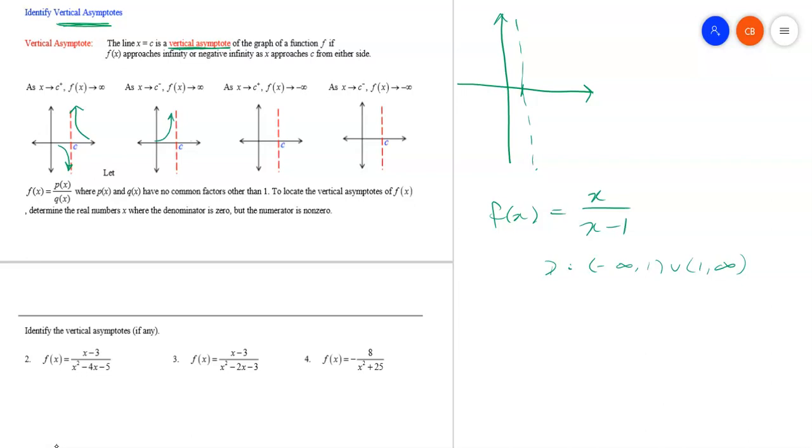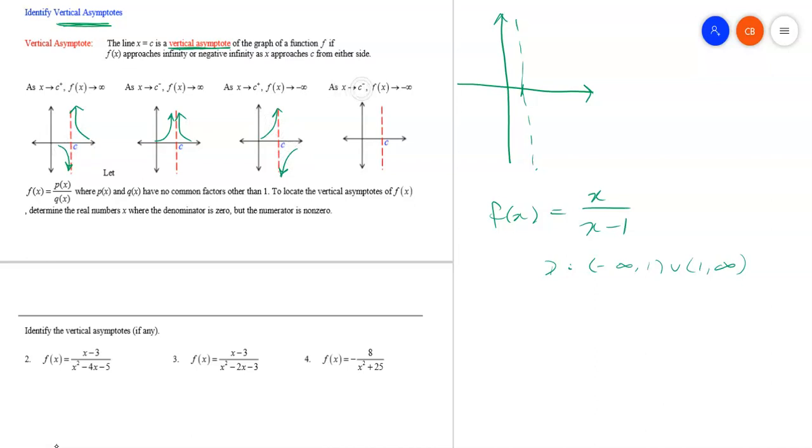We could have a situation like this. And it's possible to have them flipped as well, where maybe here we want to say as x approaches c from the right, f of x goes to negative infinity, so it's coming down this way. And then maybe from the left, it could be going up. These kinds of shapes are all possible around a vertical asymptote.